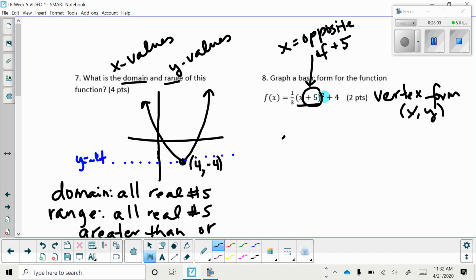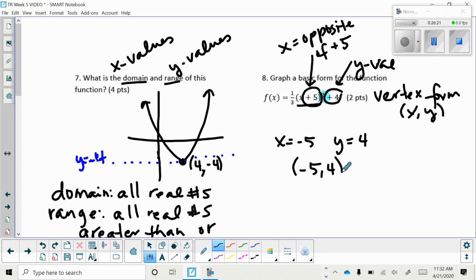Okay, so that means our x is going to be -5. And the y value is this one number. That's your y value. And you do not have to take the opposite sign. So my vertex is -5, 4.